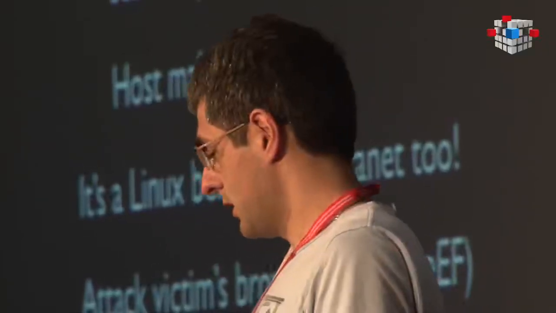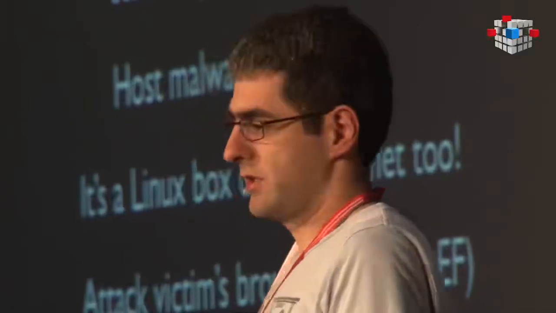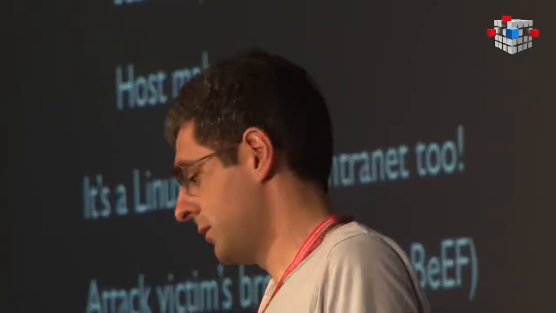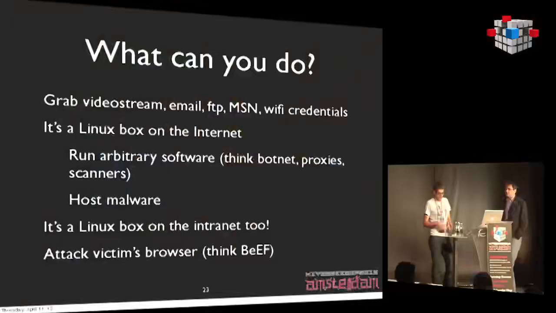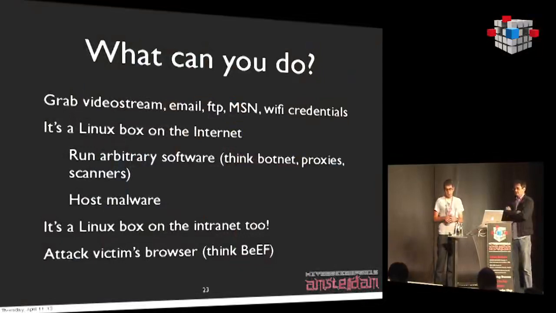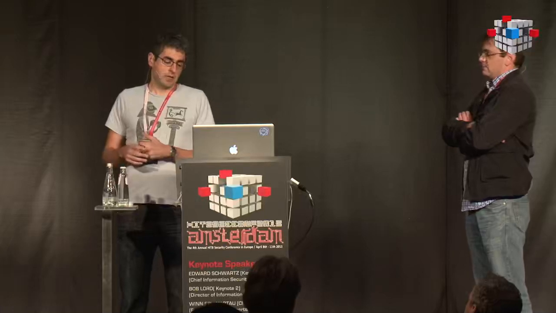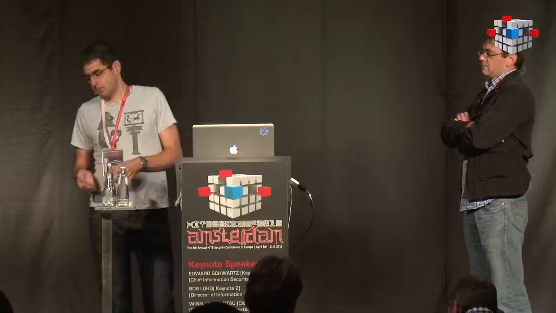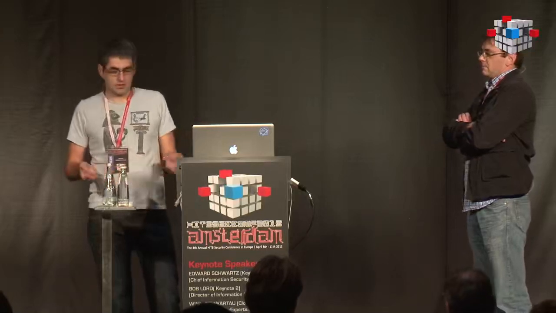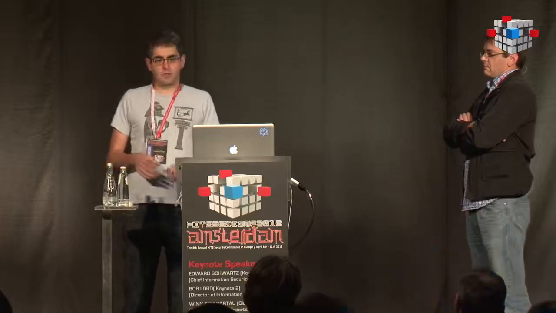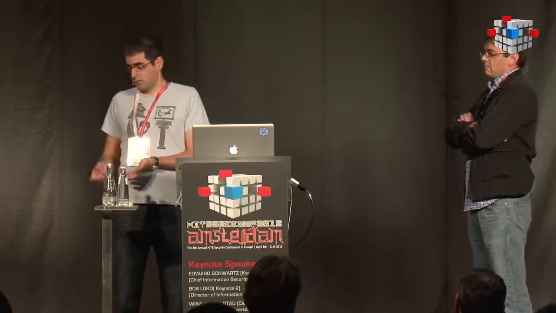You can, in principle, think of this camera as just a small Linux box, an ARM machine with a very limited amount of memory and CPU, but it's a fully fledged Linux box. So you can run arbitrary software on it, something like a botnet bot, or an anonymizer proxy, or just a scanner for an intranet, or since it's a web server after all, you can use it to host your malware.